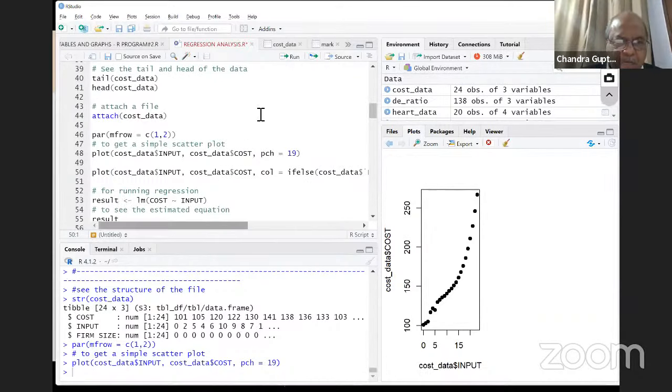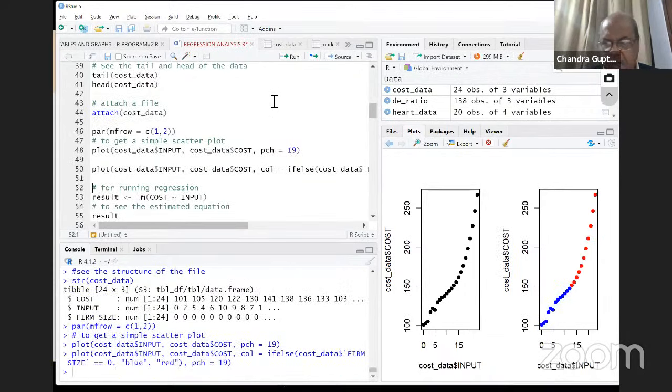So that's what you will get. And now you can see here, you have data for the blue ones, and you have the data for this one. Okay. Just a minute.